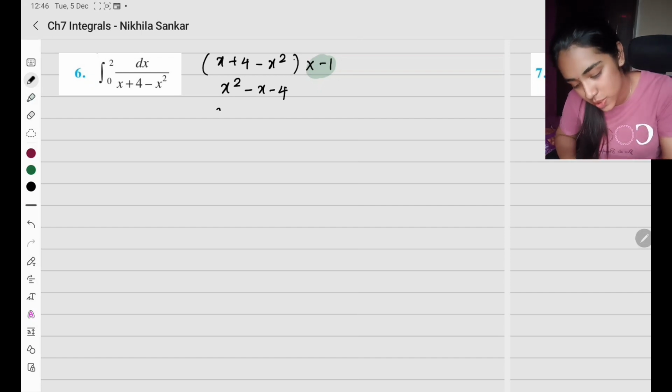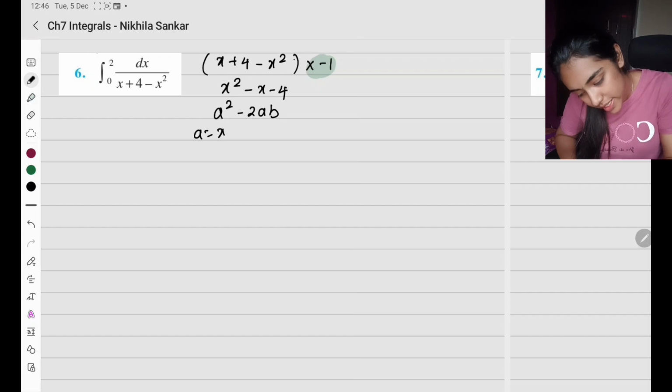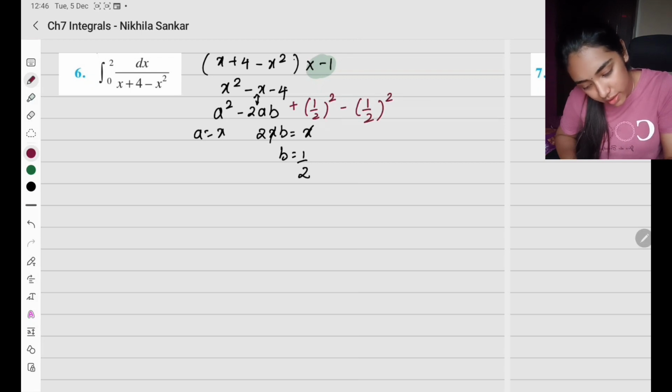Now when I complete the square, this is how the form a square minus 2ab, where my a equals x. So on comparing these two, I have 2xb equals x. So when x cancels, b equals 1 by 2. So I can add 1 by 2 whole square and subtract 1 by 2 whole square. Here there is already a minus 4.